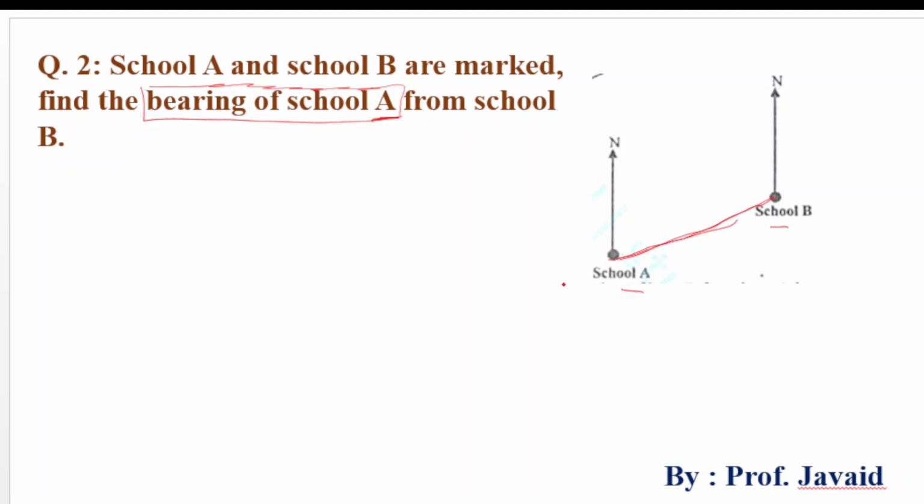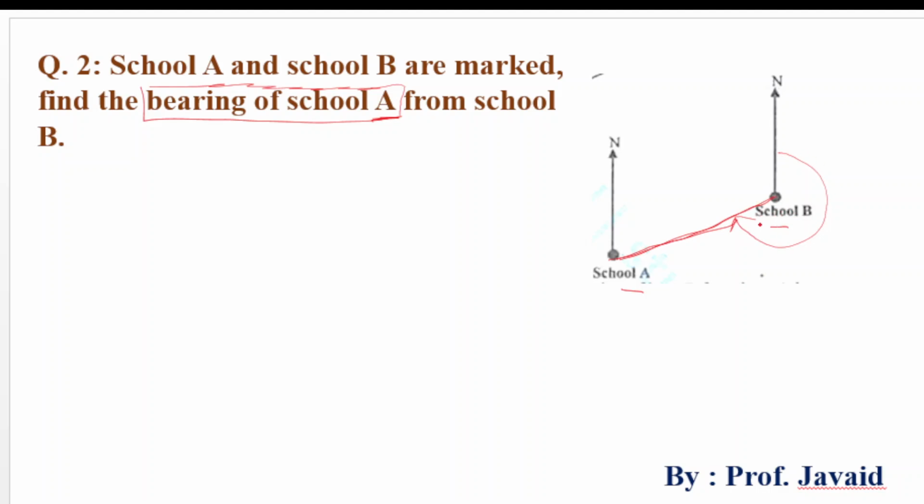Okay, so now we have to find the bearing of school A from school B. So where is school B? This is B. Okay, and make it like this, clockwise. Now what we have to do?